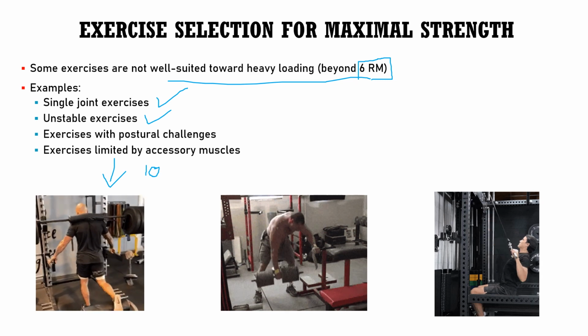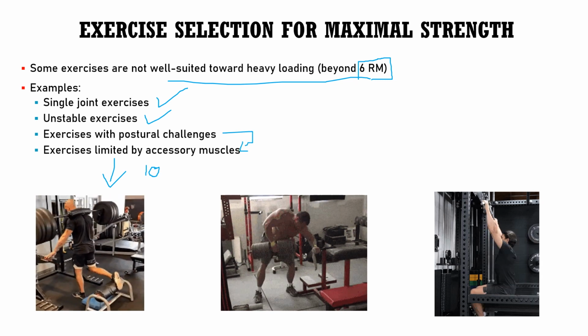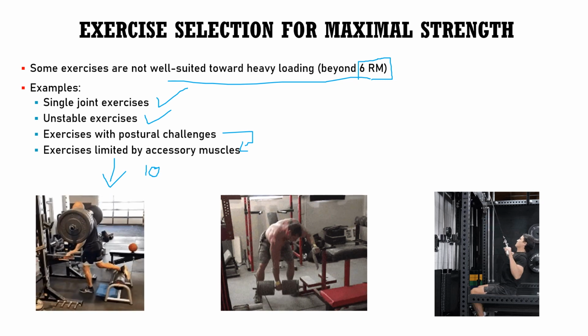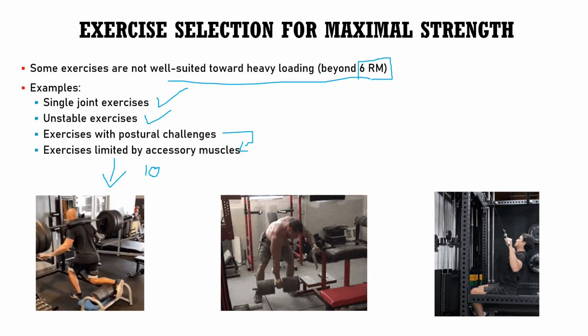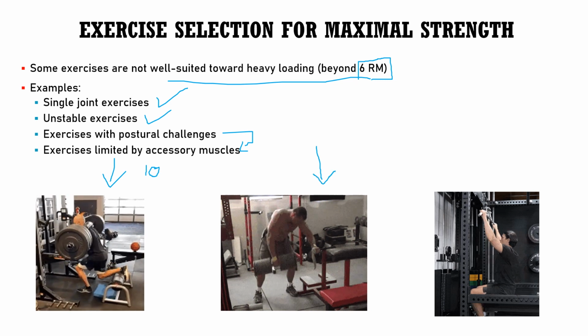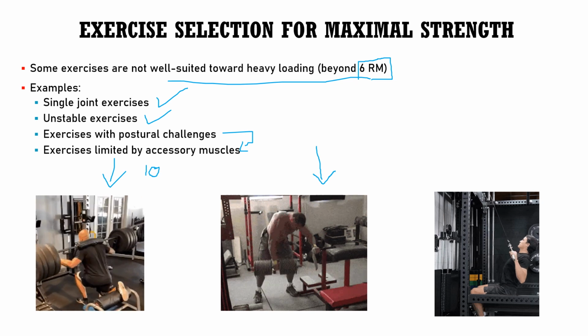Now, there are other exercises that provide a big postural challenge, or challenges to muscles that we're just not trying to overload. Rowing and pulling exercises are great examples of these. Heavy dumbbell rows and heavy barbell rows can be really challenging for maintaining that bent over position.